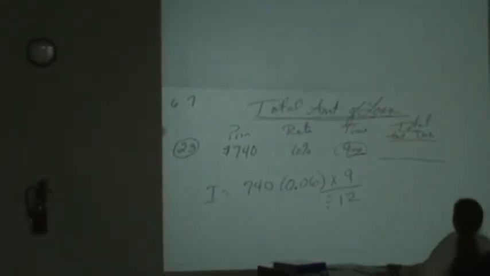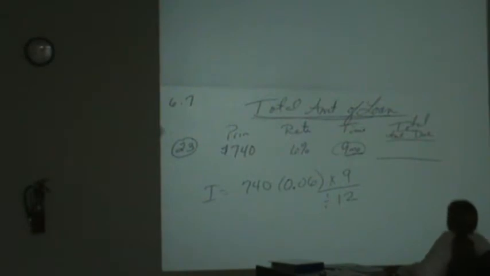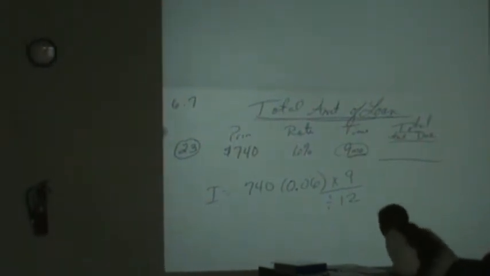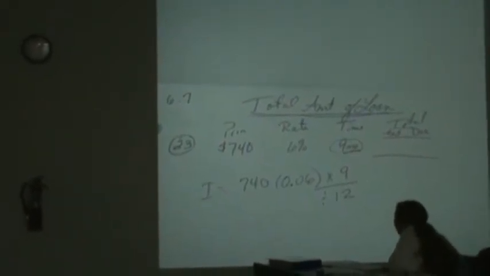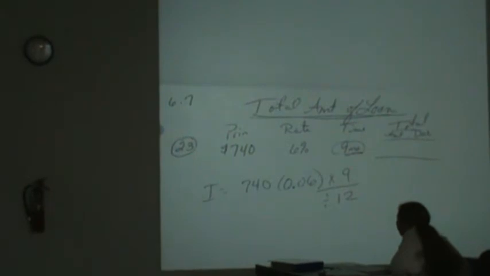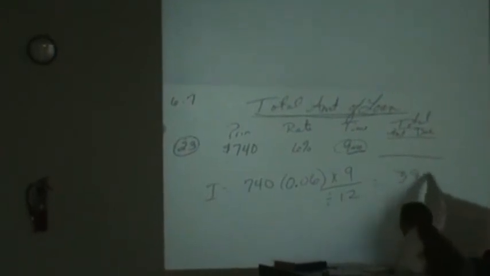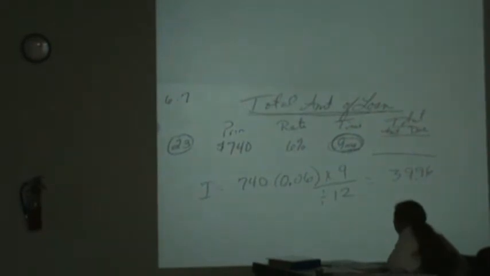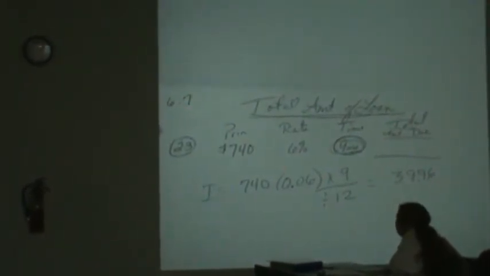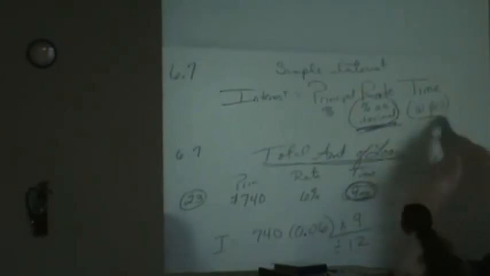I'm confused. With the percent part or the month part? How did you get 39.96? Okay, if it's months, remember time has to be in years. When we first started, we said that time had to be in years.